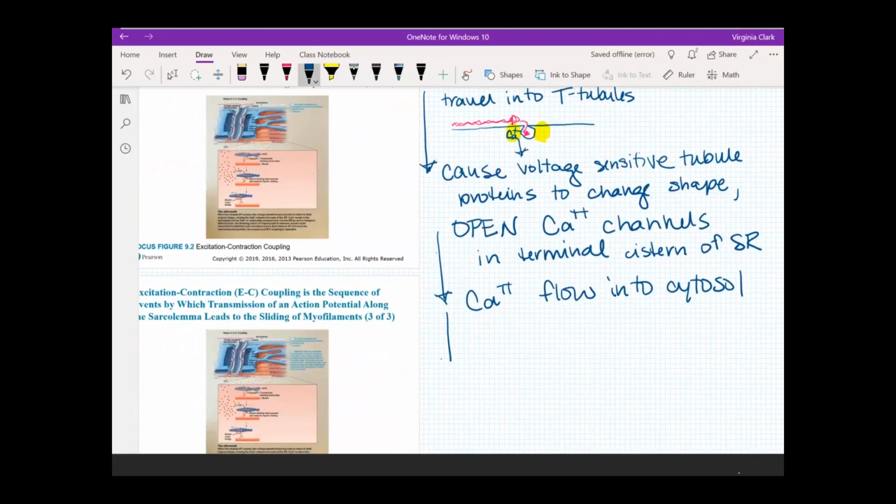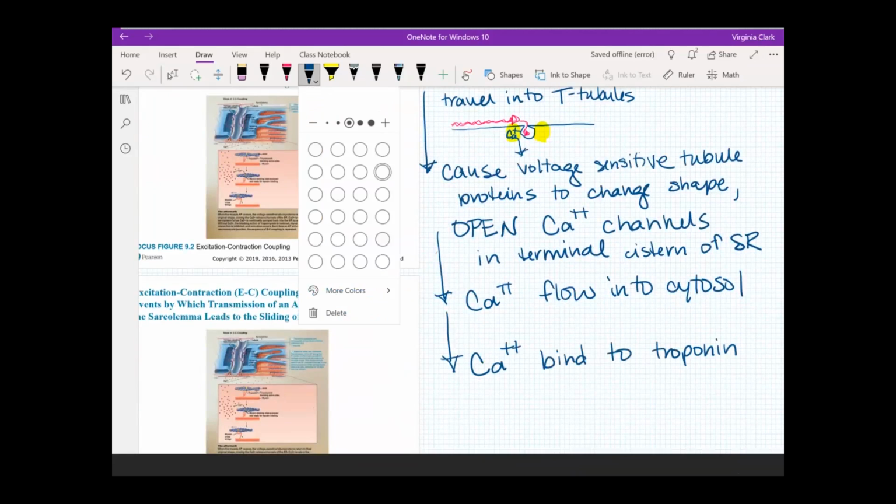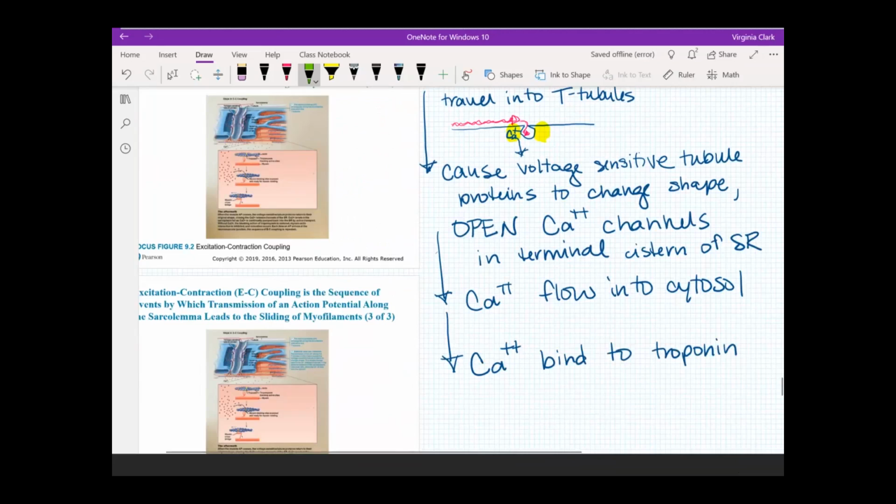This calcium that is now floating around inside the cell will bind to troponin. Do you remember what troponin was? Troponin was the protein that held our thin filament in place.